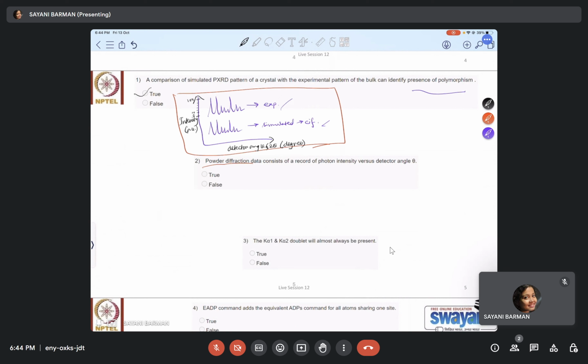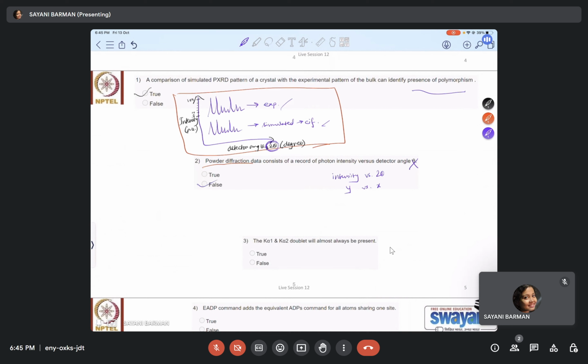So it's 2 theta, not theta. So it's intensity versus 2 theta, y versus x axis. So this is false.